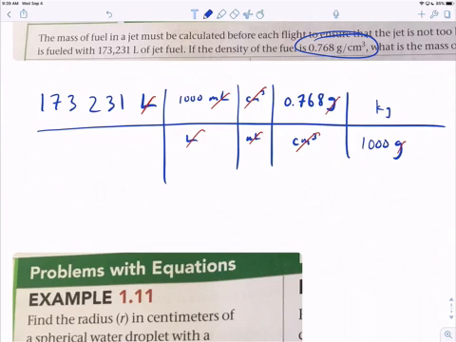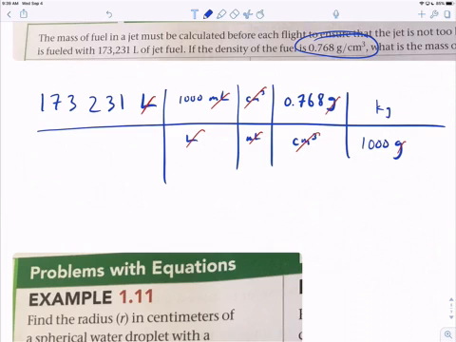So we have this much fuel, and we want to know the mass in kilograms. I know a liter of water is a kilogram, so if this was water, it would be 173,000 kilograms. Sorry, 173,000 liters would be 173,000 kilograms, so 173 tons of water.